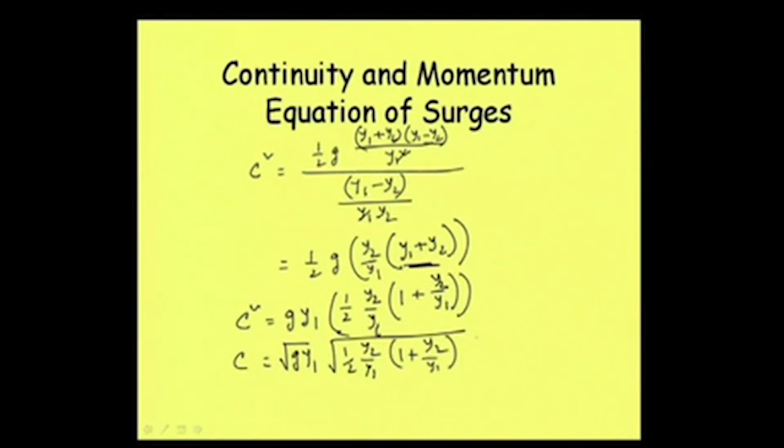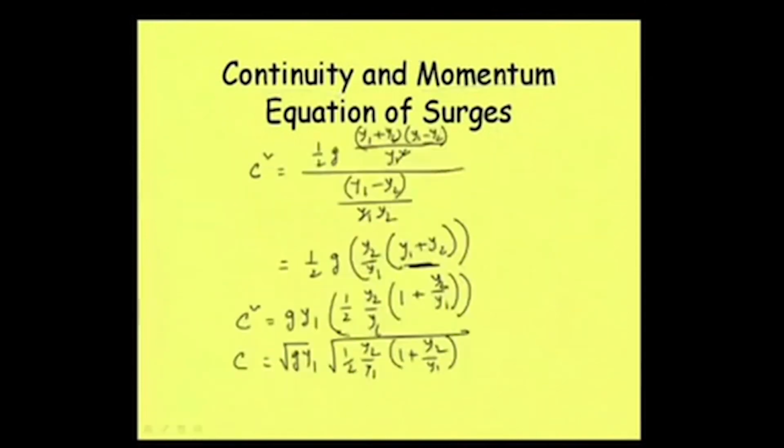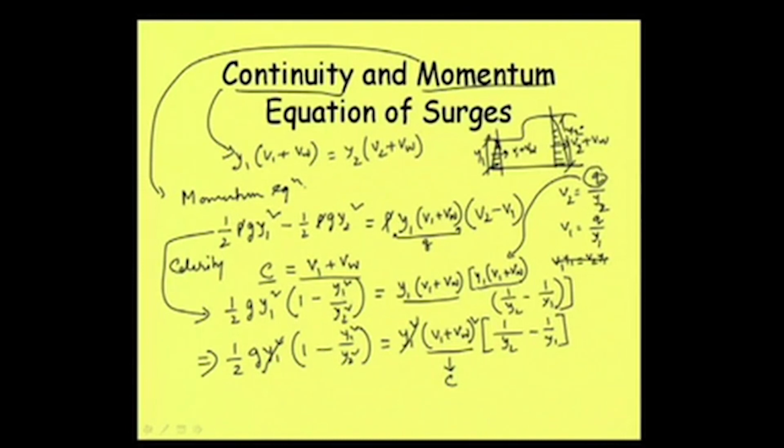Well, now in this expression, if we refer to our earlier diagram, this y2 will not be known to us because this wave is coming, and the y1 will be known to us, of course. So to get the value of c, generally we get the expression in terms of y2 by y1, and this y2 we need to know in many cases. Oh sorry, this should have been y2 square by y1 square. Yes, we are taking common y1 square here, and as such it will be y2 square by y1 square.